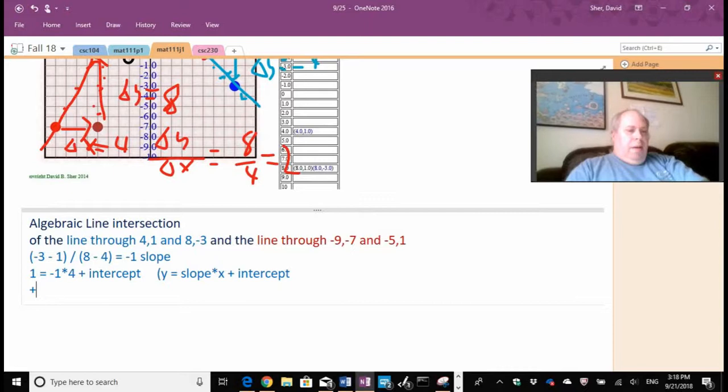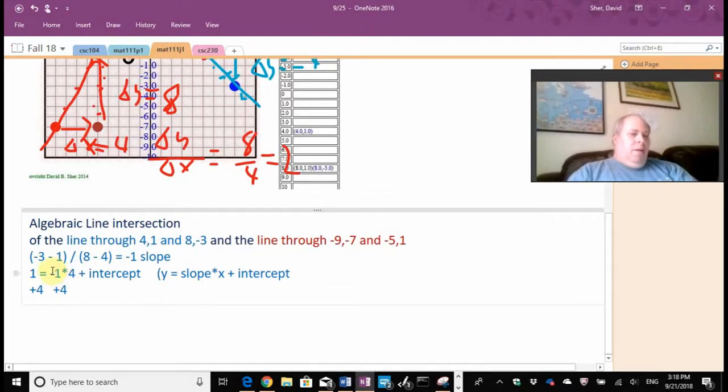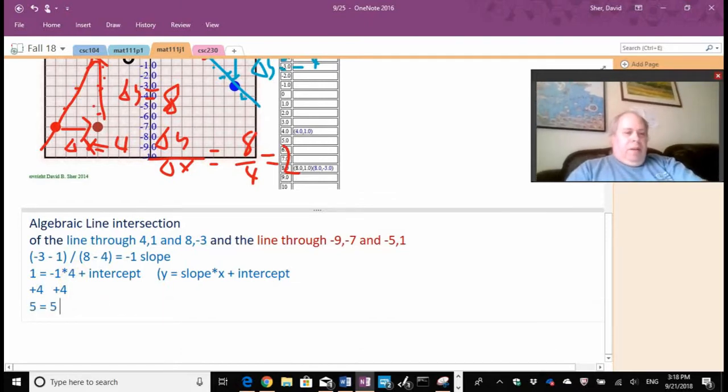Now, I'm going to add 4 to both sides, because I think you all know that -1 times 4 is -4. So if we add 4, it'll cancel, and I'll get 5 equals the intercept.